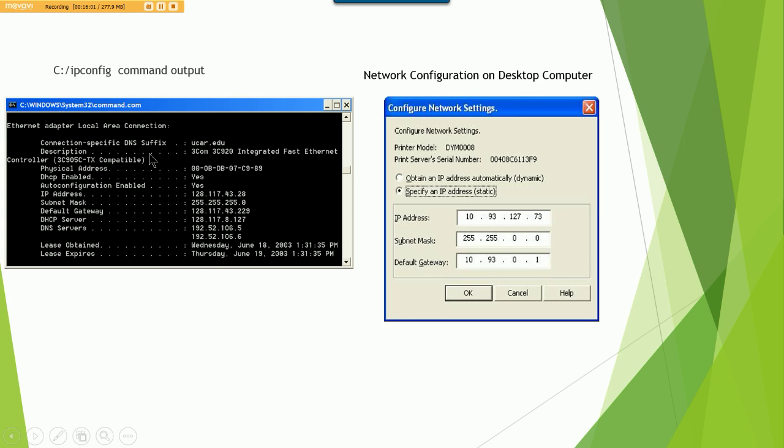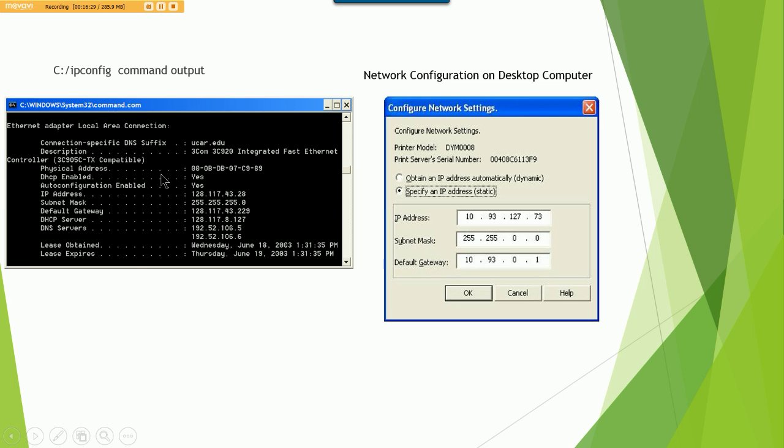That is something that's done in the computer software. Okay, and then we have two more addresses here, 192.52.106.5 and 192.52.106.6, which are the IP addresses of the DNS server, and as we can see, they are on another network also. So we can see a lot of information on the IP configuration of this computer.